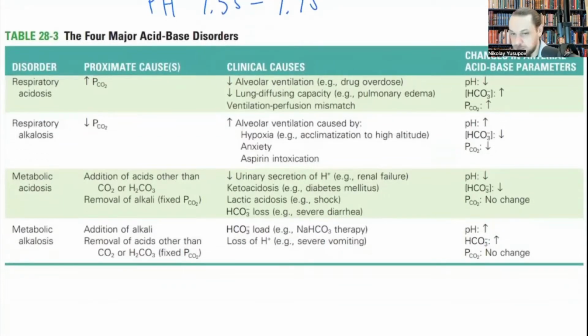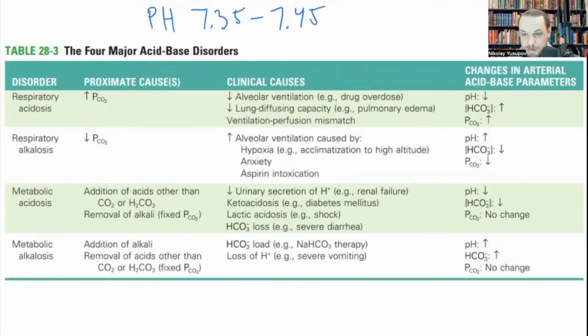So let me ask you this: how do you think the kidney maintains your acid-base balance? How does it do it? Like a homeostasis type of thing? I can hardly hear you. You want to say it again? Yeah, go ahead, Ted.